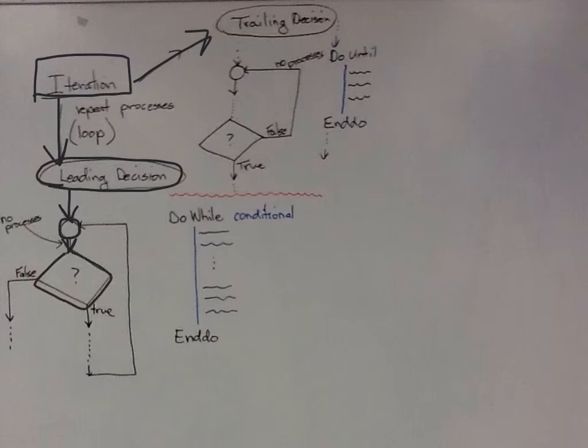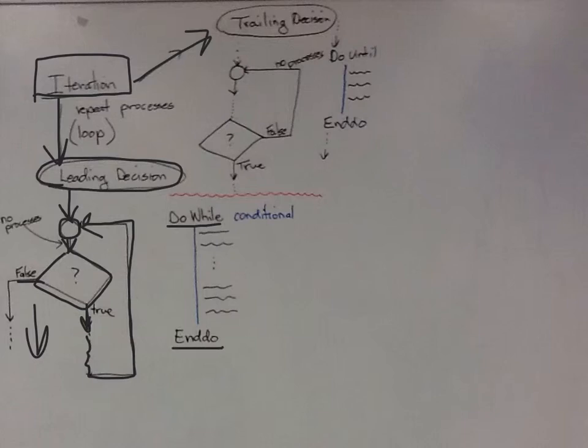In this decision, if it's true, we do the loop and come back up here. If it's false, then we go on down to the next lines in the program. That's often referred to as a do while.